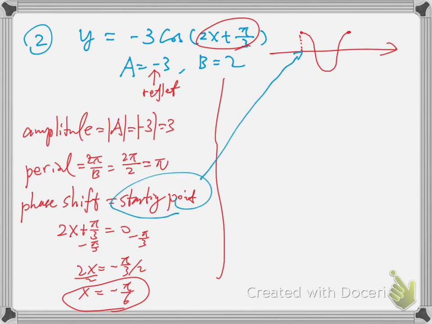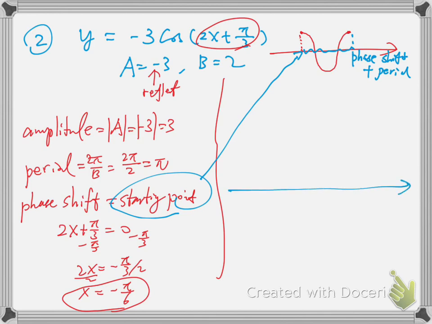At this point, and then how long we travel, that's the period. So the end point will again be the phase shift, or starting point, plus the period. So now let's look at this particular example.